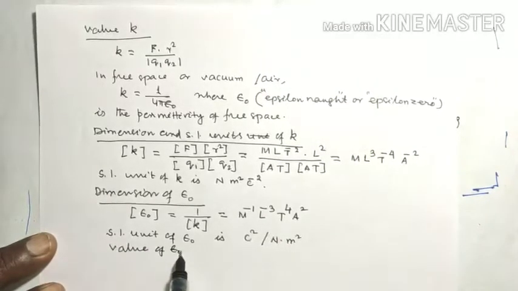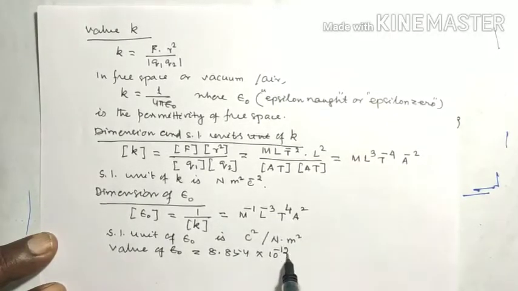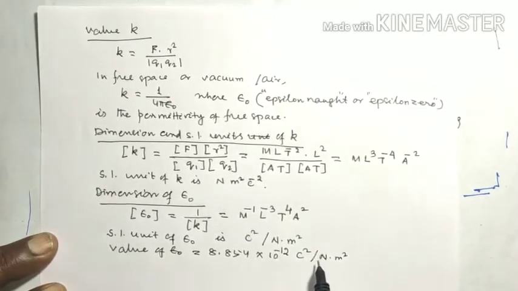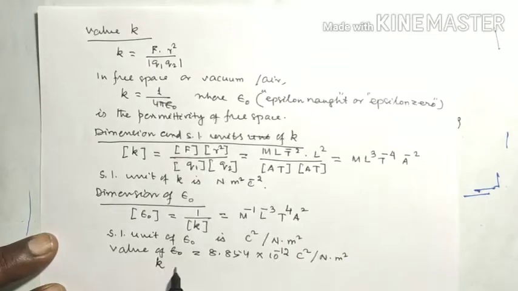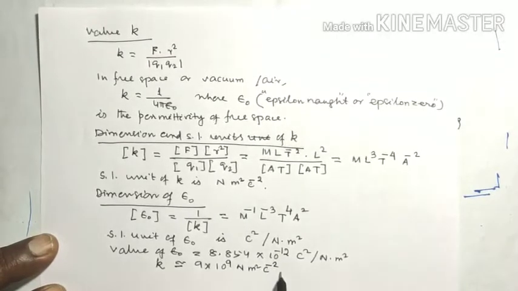Value of epsilon naught is equal to 8.854 into 10 to the power minus 12 Coulomb square per Newton meter square. Then K is approximately equal to 9 into 10 to the power 9 Newton meter square per Coulomb square.